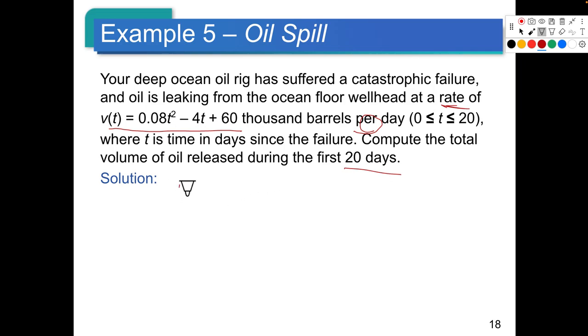But what they're asking us to do now is to find the integral, from 0 to 20, from the start to the end, which is the first 20 days. This is the derivative function.